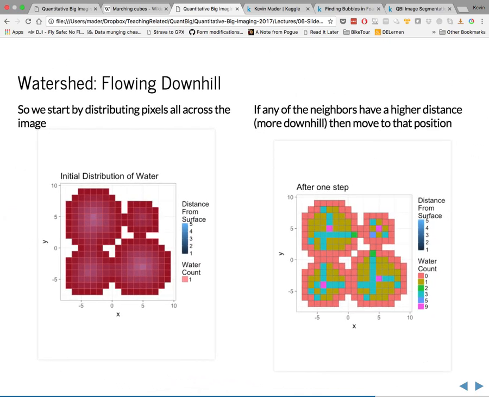And so the idea for Watershed is that you let water flow downhill. The idea comes from topology or these other areas where you take your distance map that you've already calculated and you put water on each one of these pixels. So you put this translucent pixel on top of it, and each one of those represents 1 unit of water. You then say, this water point can flow downhill.